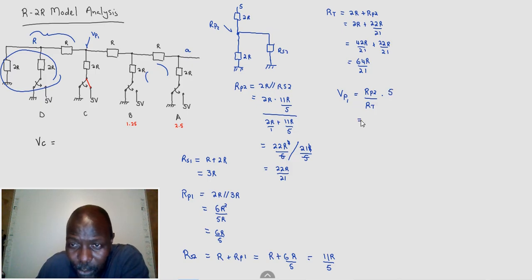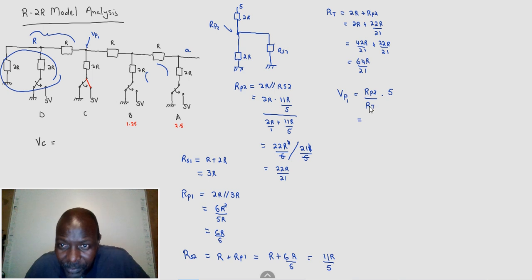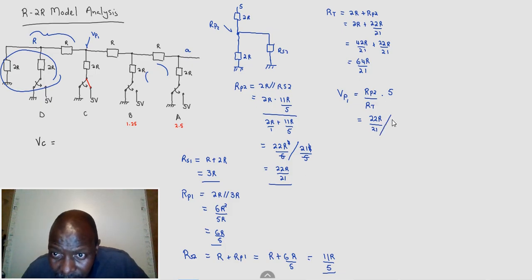Now that is going to be what? This guy is the total. This is R parallel 2. Let me underline these things so I can easily pick them up. R parallel 2 is 22R over 21 divided by the total 64R over 21, and this is times 5.